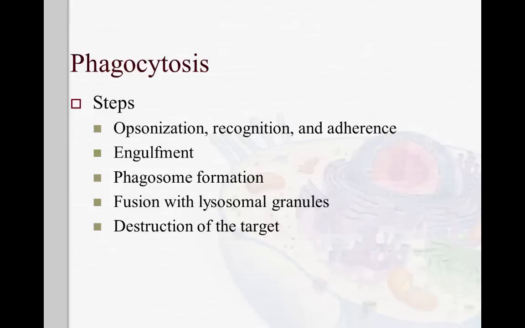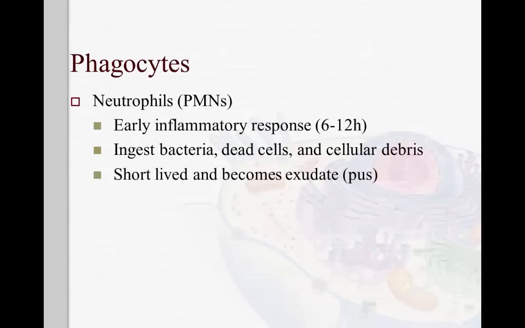Fusion of lysosome granules. And destruction, finally, of the target, which is, in this case, the antigen. So what is a neutrophil? A neutrophil is, first, remember, the predominant phagocyte of the inflammatory process and the first that migrates to the area of infection.